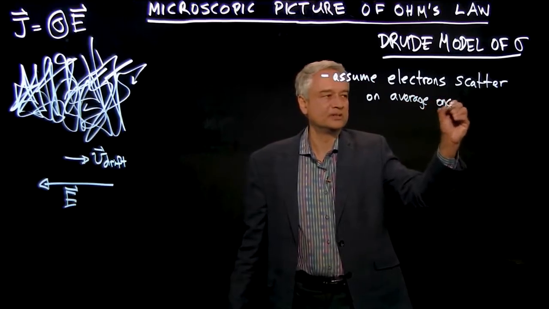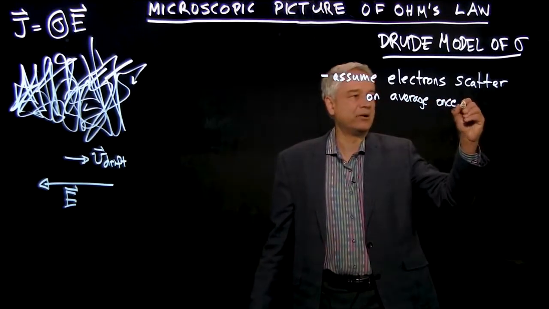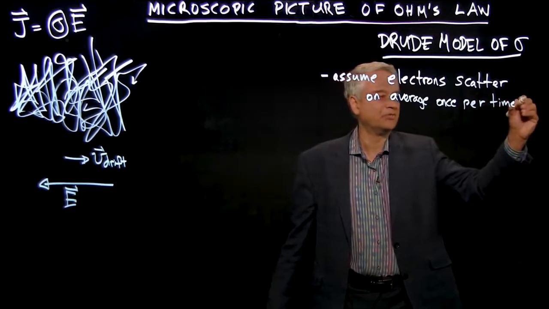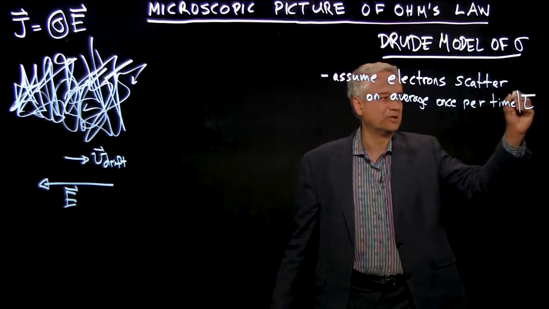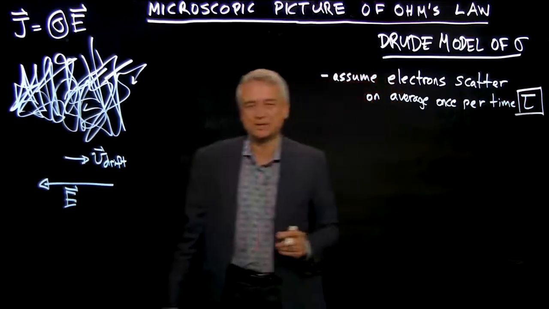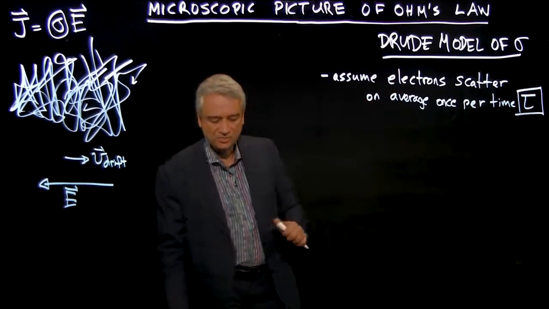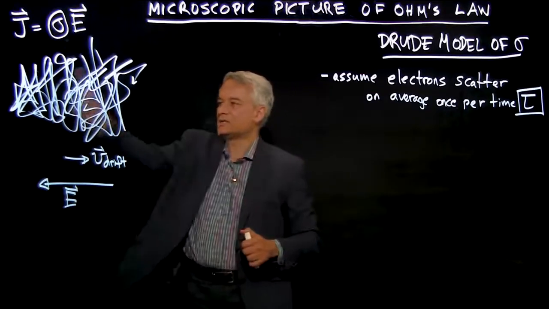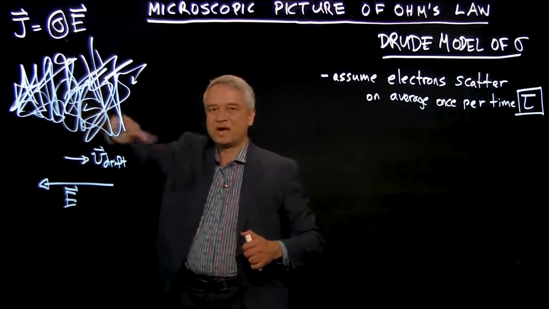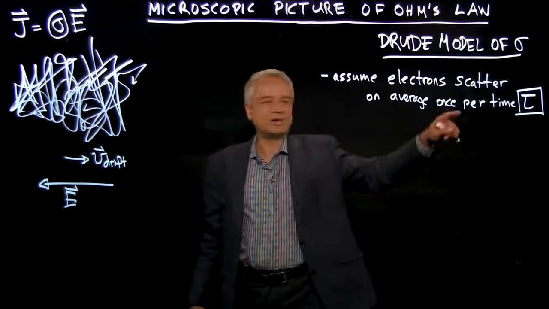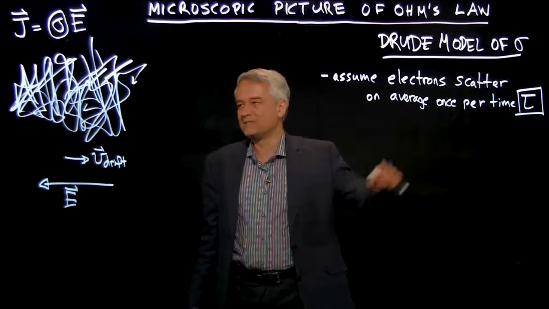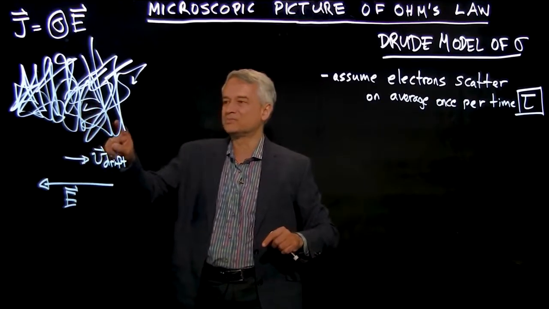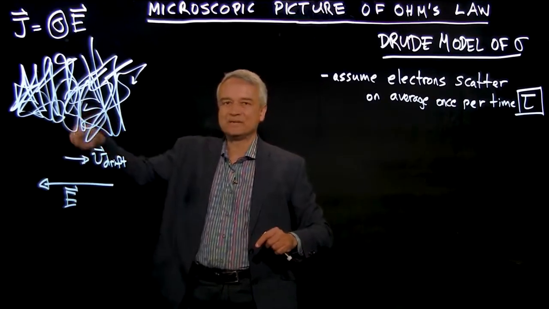So this time tau is a property of the material in question. It's the first of two properties of the material that we're going to introduce. So assumption number one in Paul Drude's model is that these electrons are flying around at some very, very high speed, and once, on average, once per time tau, it doesn't mean that every single time they travel tau and then scatter, but on average, once per time tau, they bump into something and scatter.